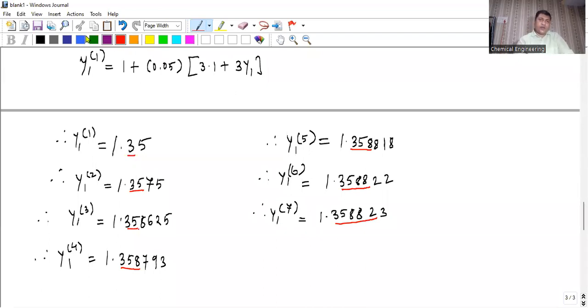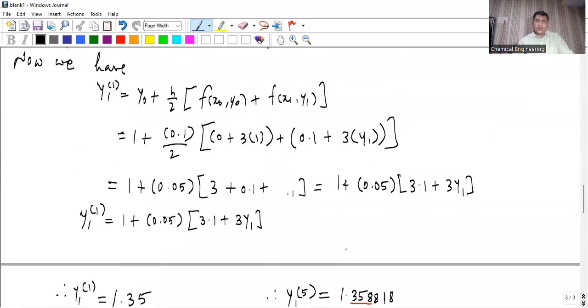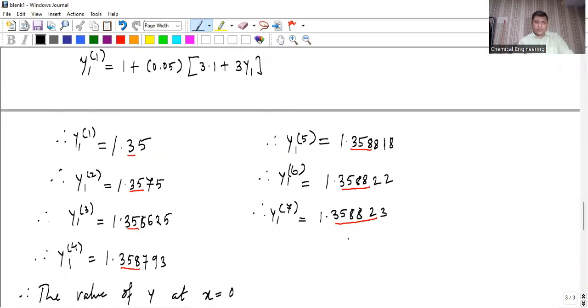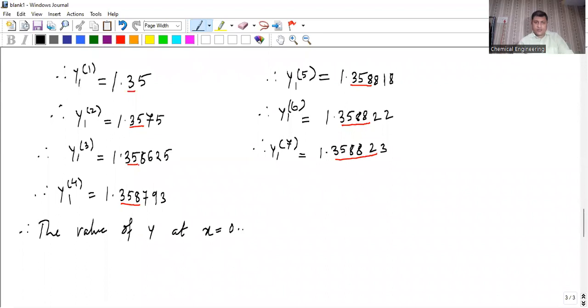And hence we can write here the value of y at x, what are we considering? x1 is going to be 0.1. So at x = 0.1 it is 1.35882, because we are accurate up to 10 raised to minus 5.